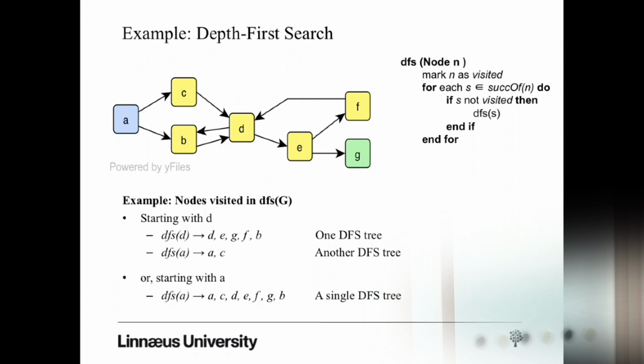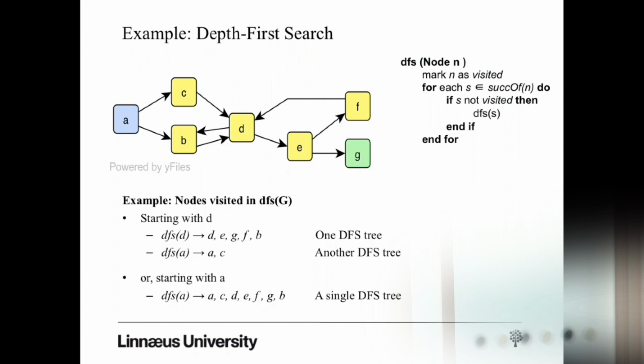On the node D, we mark it as visited. How many successors does D have? D has two successors, E and also B. Either you pick this or B; you can start with any one. In this case, let's say we take the direction of E. We check if E is not visited.